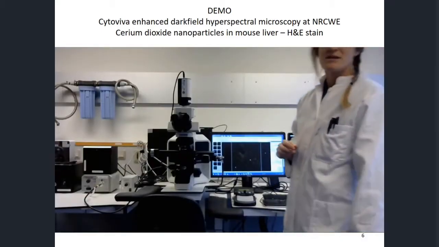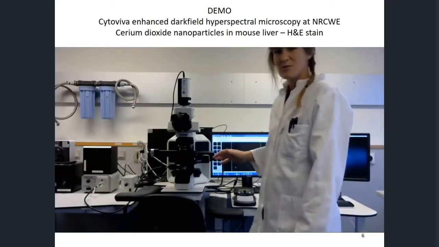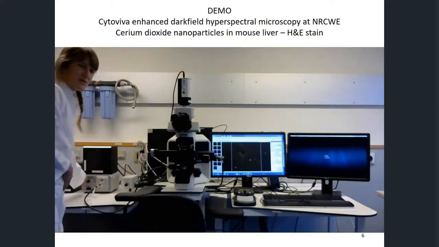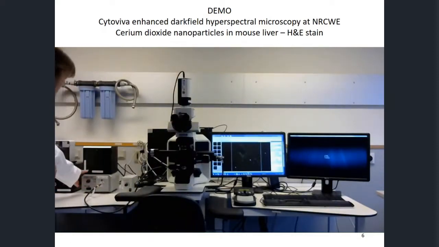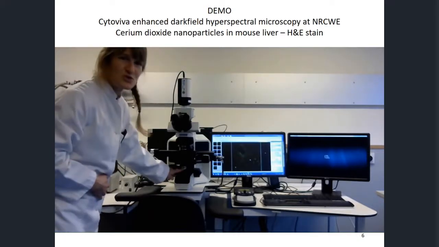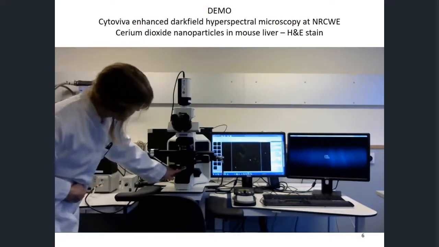This is our setup where we have, starting with the light source over here, a quartz halogen lamp. The light goes through the light guide into the Süße-Weber dark field condenser.